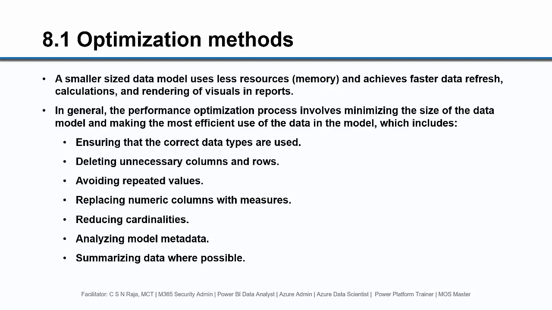In general, the performance optimization process involves minimizing the size of the data model and making the most efficient use of the data in the model, which includes ensuring that the correct data types are used, deleting unnecessary columns and rows, avoiding repeated values, replacing numeric columns with measures, reducing cardinalities, analyzing model metadata, and summarizing data where possible.